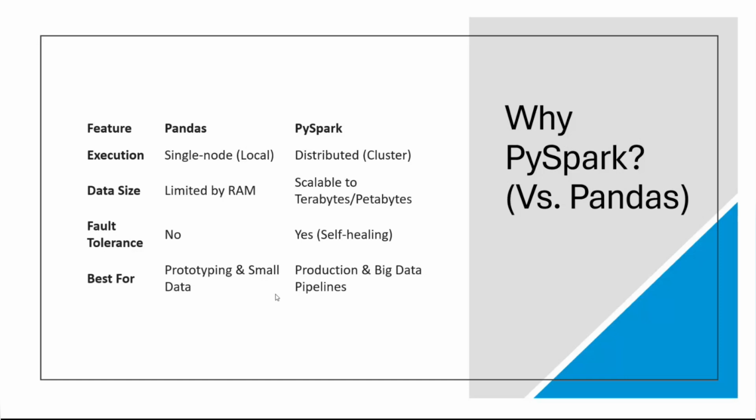So the conclusion is Pandas is great for small data sets, like let's say a million records. But in production data engineering pipelines, Spark is preferred because of its scalability and memory efficiency.